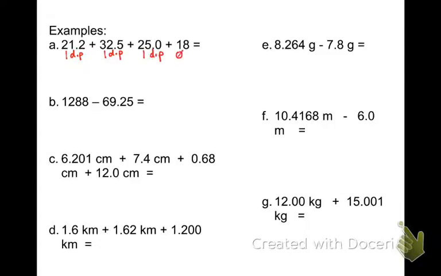And 18 contains 0 decimal places. So taking a look at all of that, our answer must have 0 decimal places for rounding.